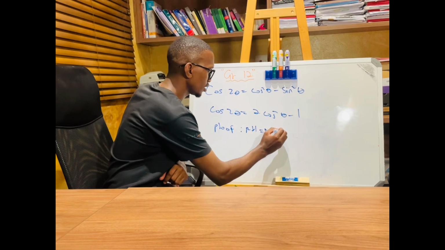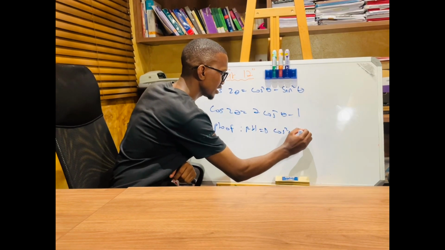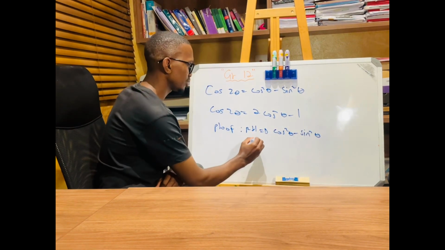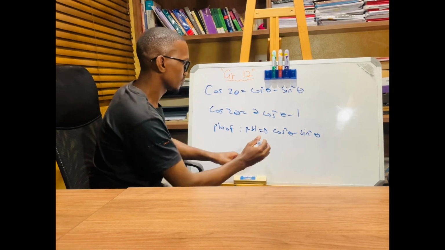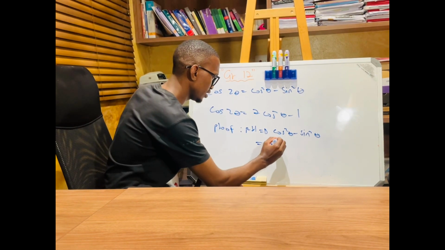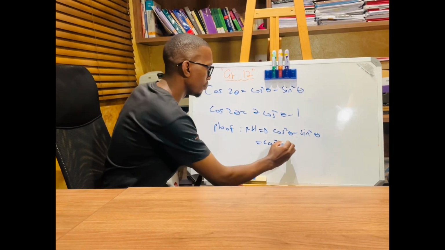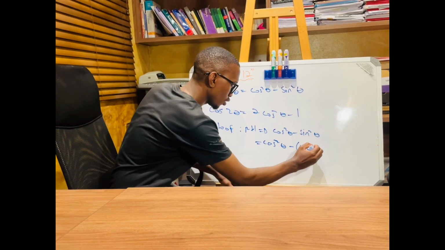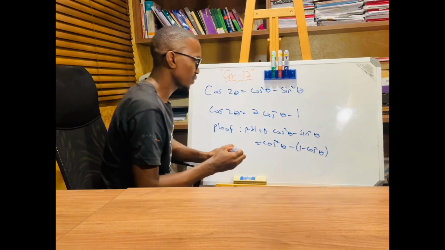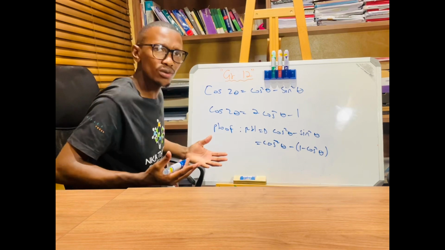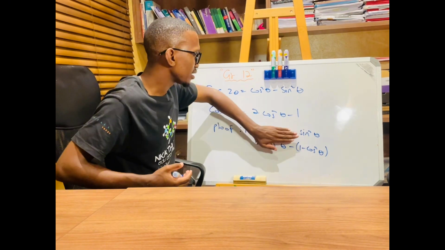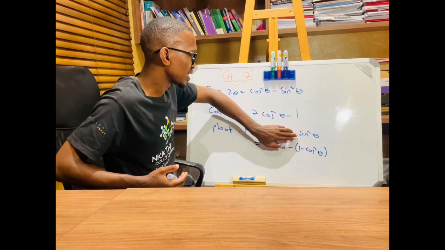This implies cos squared theta minus sine squared theta. Then check what I'm going to do: I'm going to have cos squared theta minus (1 minus cos squared theta). Remember, guys, ignore the minus. Sine squared theta.